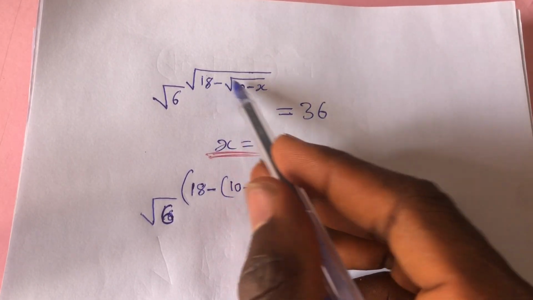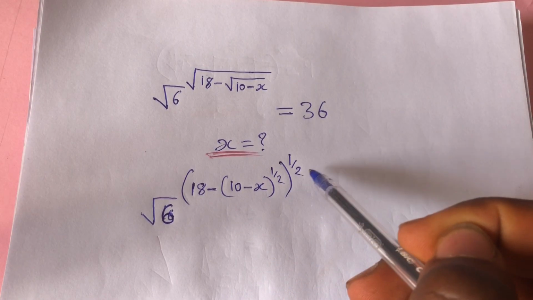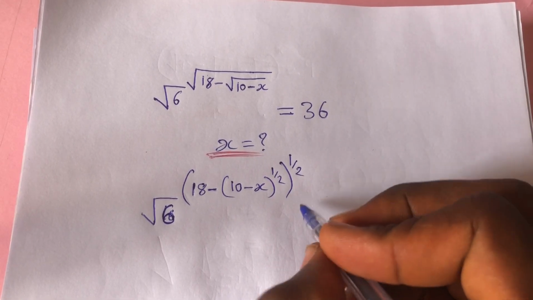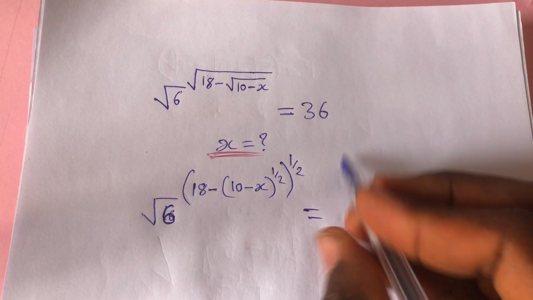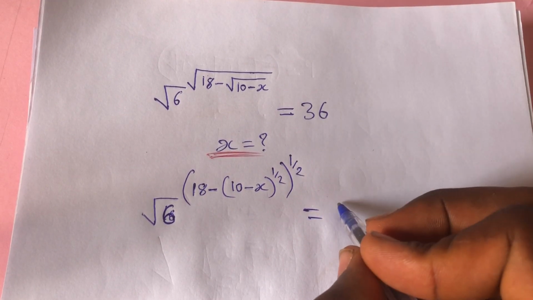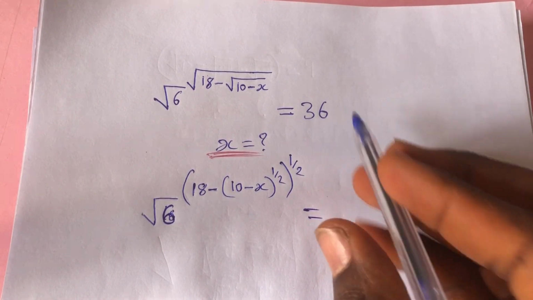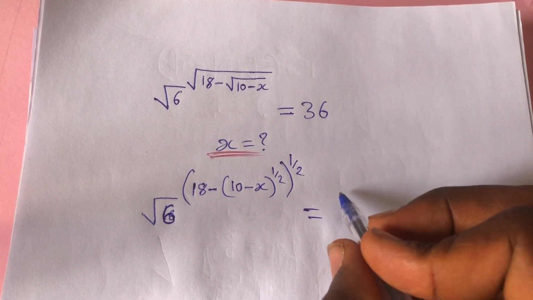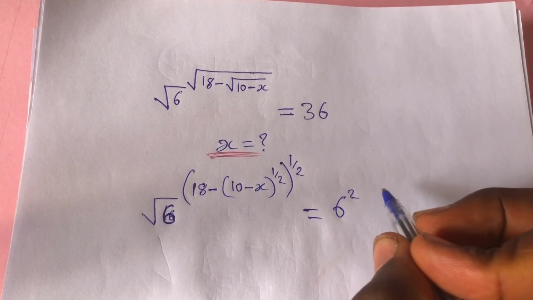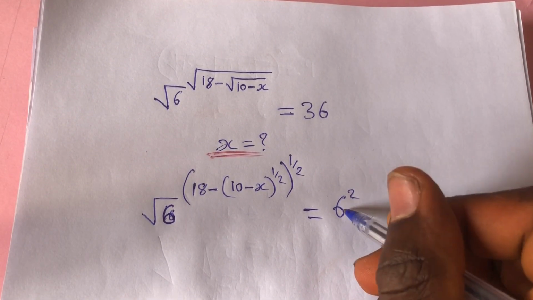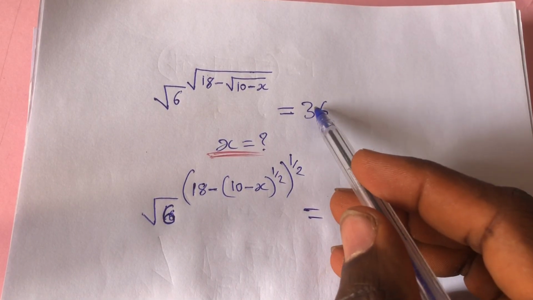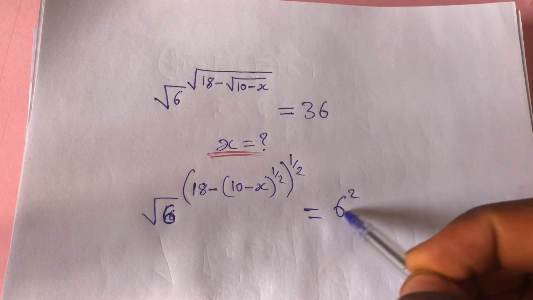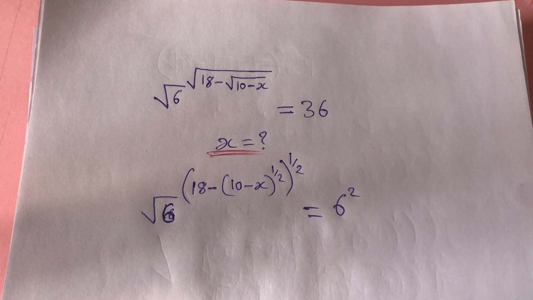And this is equal to 36. And 36 can be written as 6 raised to the power 2, because 6 times 6 is 36. That is why we can write it like this.